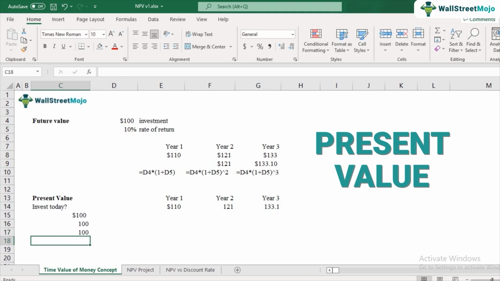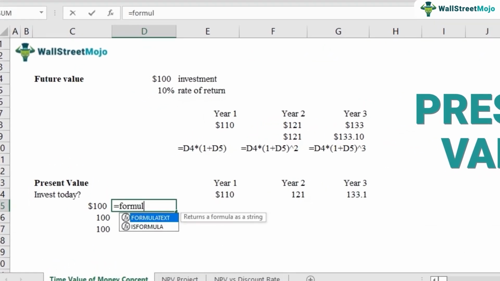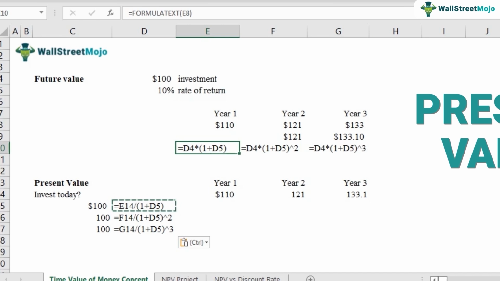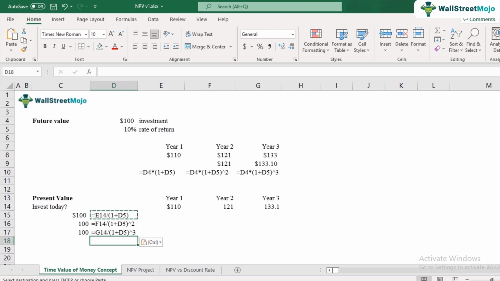So essentially, let us look at the formula again, just for comparison. In future value, we were multiplying it by 1 plus the rate, 1 plus the rate to the power of 2 and 1 plus the rate to the power of 3. And for the present value, it's totally the opposite. We are dividing it by these numbers to the power of 2, to the power of 3, right? So this is how the future value and present value pan out, okay?